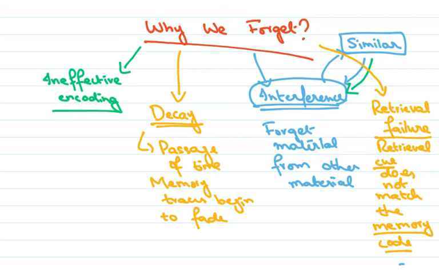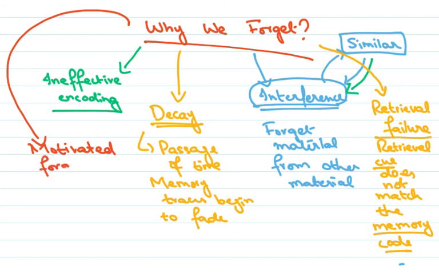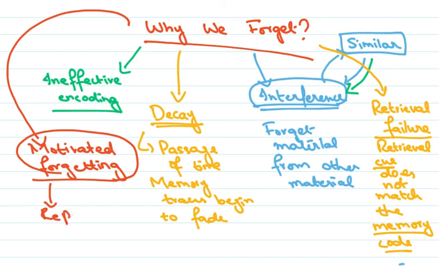Then you have another factor which is implicated in why we forget, and that is what we call motivated forgetting. Motivated forgetting is basically when you do not wish to remember a particular memory, or if it causes you pain or anxiety. So you might repress this memory, and you might forget it.